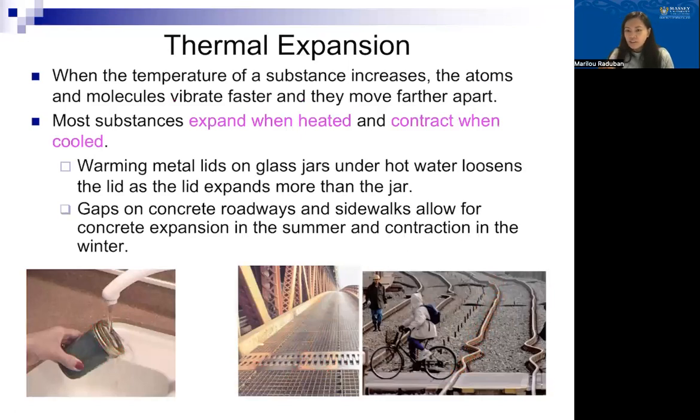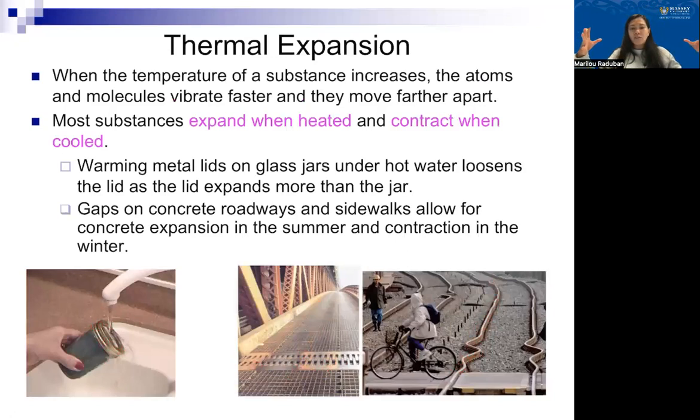So there's a question there: don't glass bottles with water explode in the freezer because the ice expands in comparison with liquid water, or is it a different mechanism? That's a very good point, Oksana. We'll see in the later part of this lecture that although most substances expand when they are heated and contract when they're cooled, water has a peculiar behavior. So it's quite different for water, in that you're right, when it freezes, the water expands.